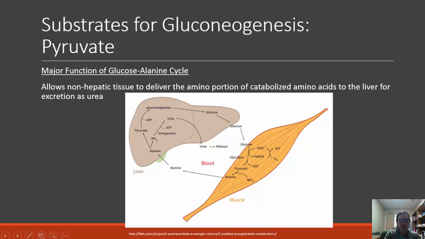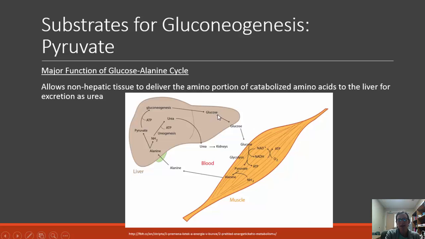So the major function of the glucose-alanine cycle is that it allows non-hepatic tissue to deliver the amino portion of a catabolized amino acid to the liver, where it can be used for gluconeogenesis, and the amino portion can be excreted as urea. So let's look at this.